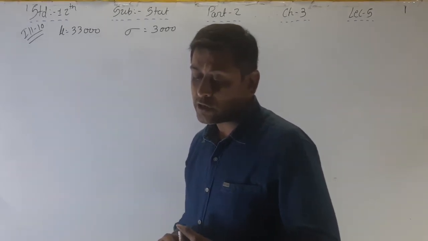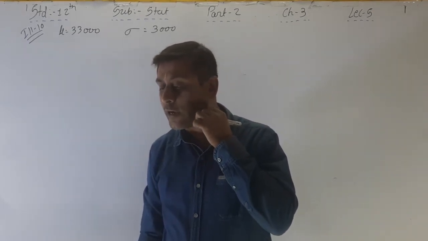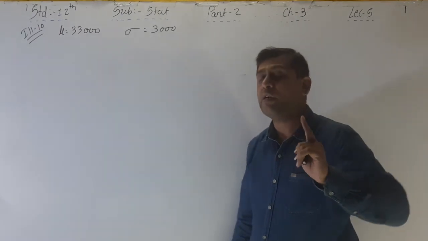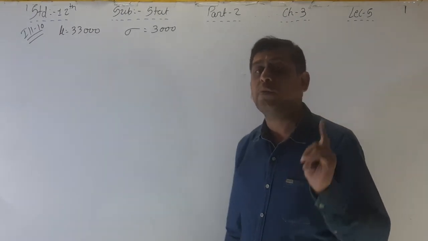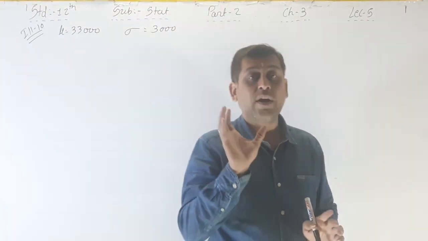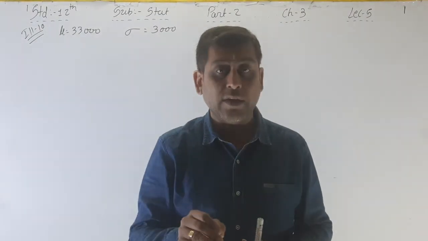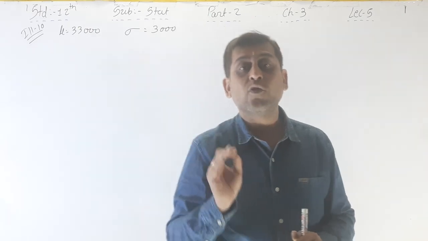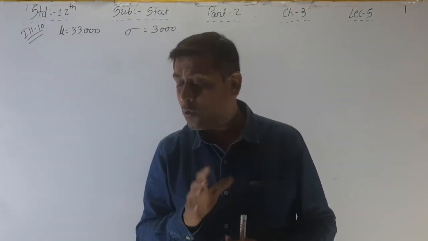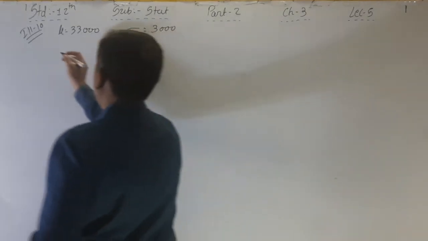First, the percentage of days of a month during which the daily sales of petrol is less than 30,000 liters. Whenever the percentage is asked, after finding the probability we have to multiply by 100 to get the percentage. But first of all we have to find the probability that sales are less than 30,000 liters.